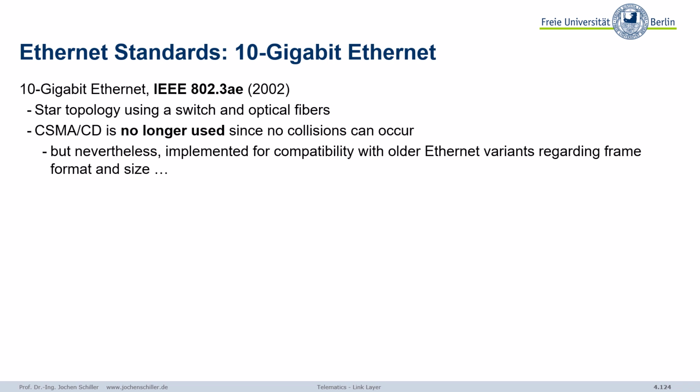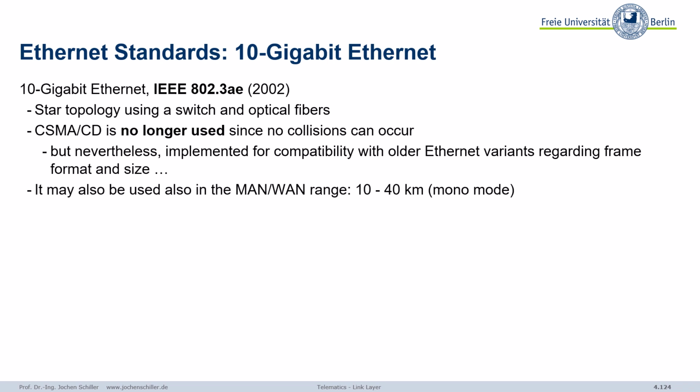Plus, for compatibility with the older versions, it's still the same frame format, same frame sizes. So it's way easier to interconnect 10 gigabit systems with 1 gigabit, 100 megabit, etc. systems. Using monomode, we can now go into metropolitan and wide area networks.